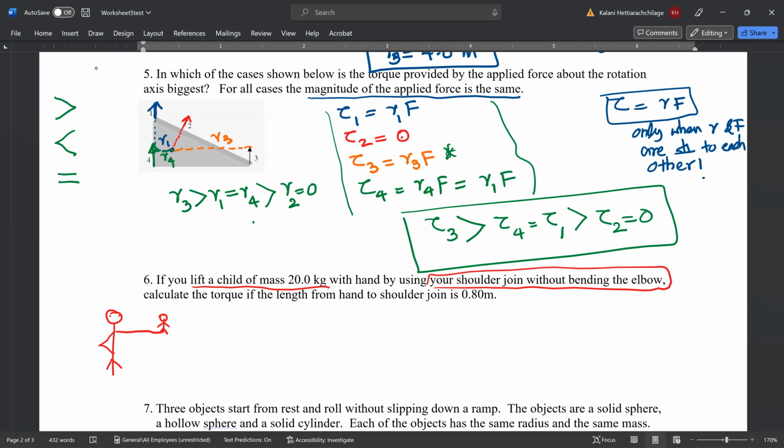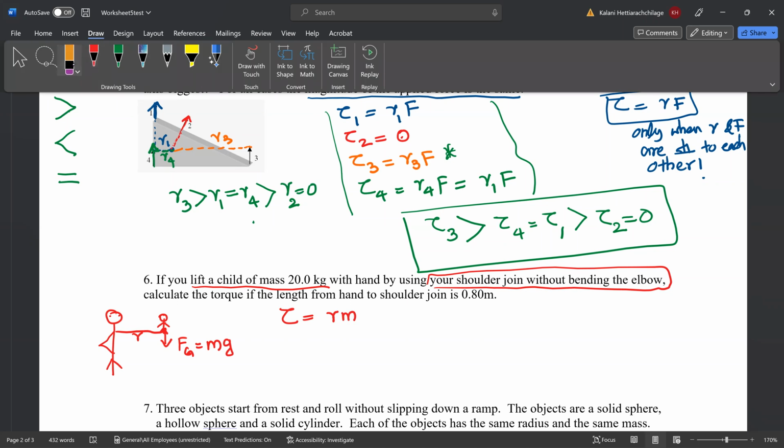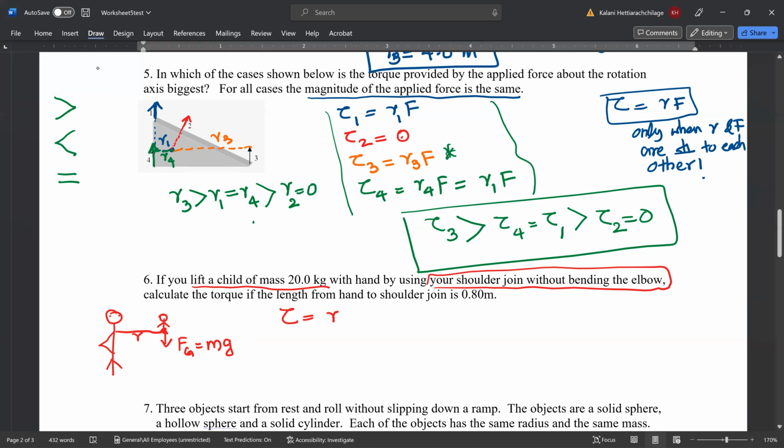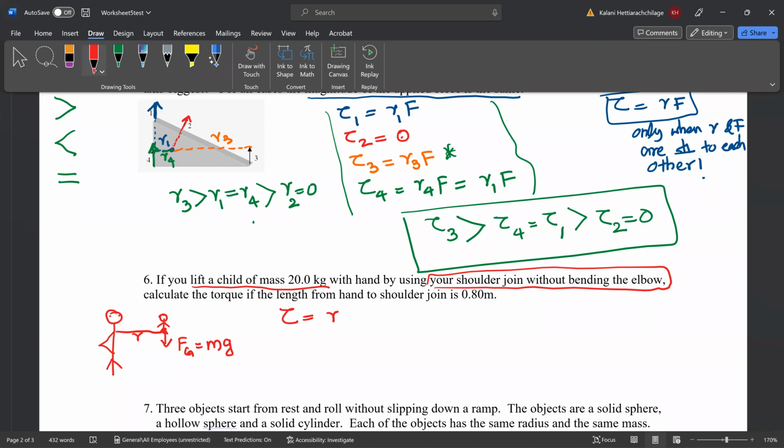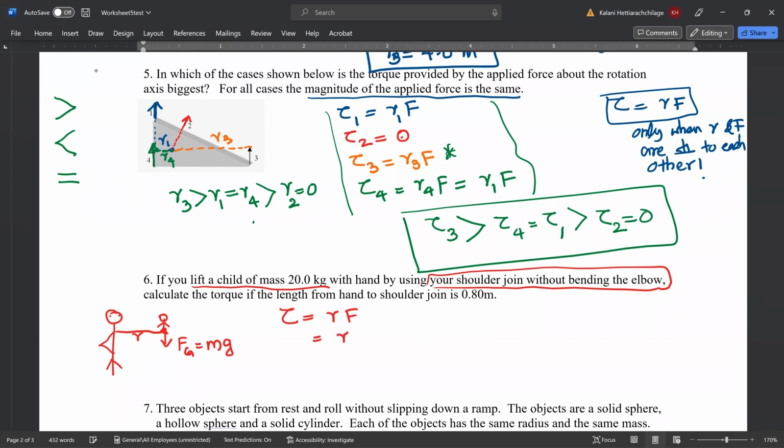So now this child has the force of gravity. The force of gravity of the child is mass times g, and the distance to it is r. Now we know that tau equals r times Fg, since they are perpendicular. You can write it as the first formula, and then the next formula, r times F, in this case r times m g. Now this is r and this is m.